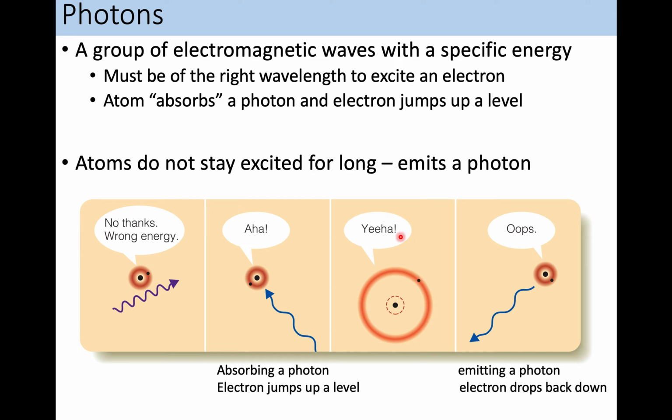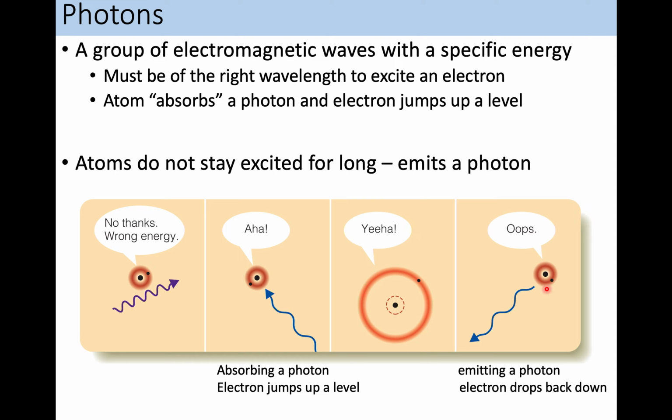Yeehaw, he says. And then it's going to be done. The electron jumps up to its level, and it jumps right back down. As the electron jumps back down to its initial state, it's going to emit a photon.